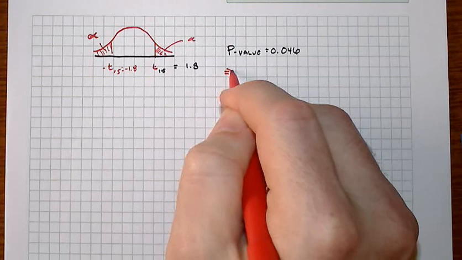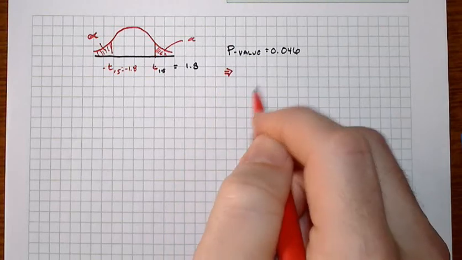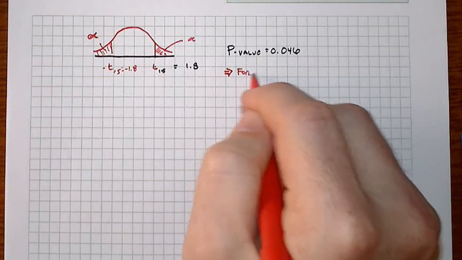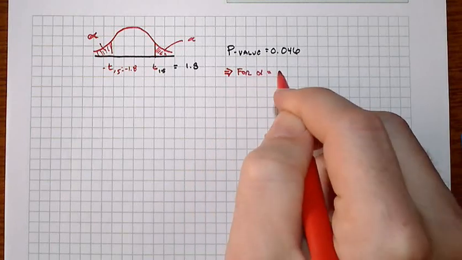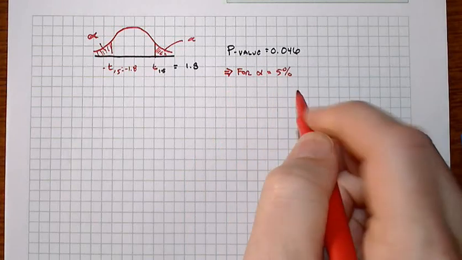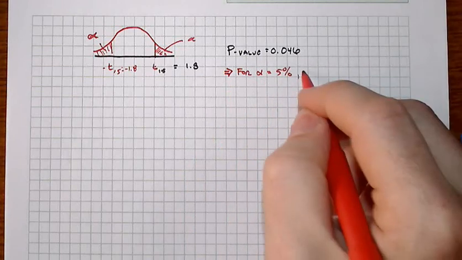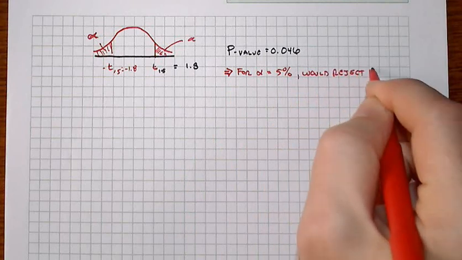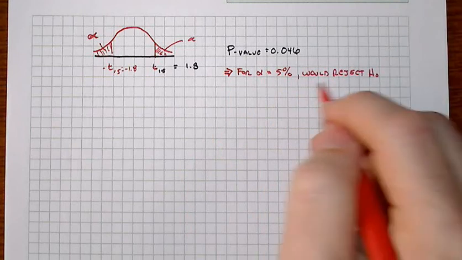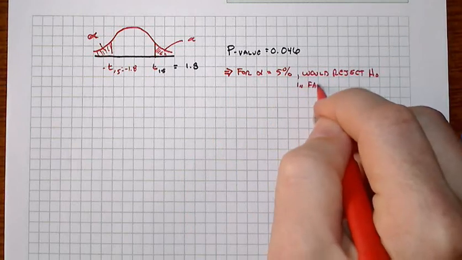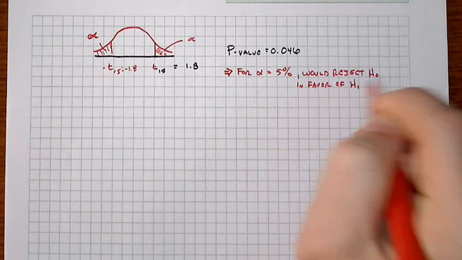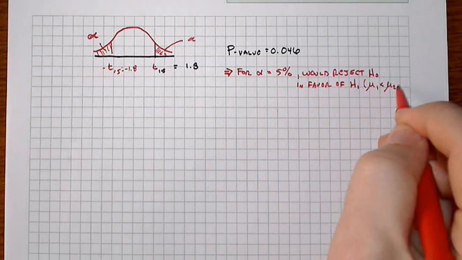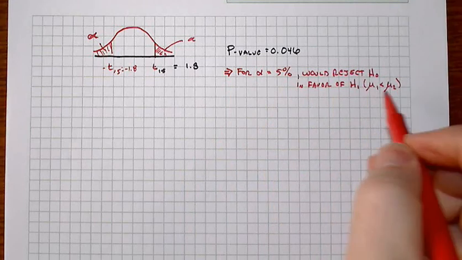One of which was to illustrate, and this is really the primary situation, that for alpha equal to 5%, significance level of 5%, we would reject our null hypothesis in favor of H1, which of course was that there was a statistically significant difference between mu1 and mu2.